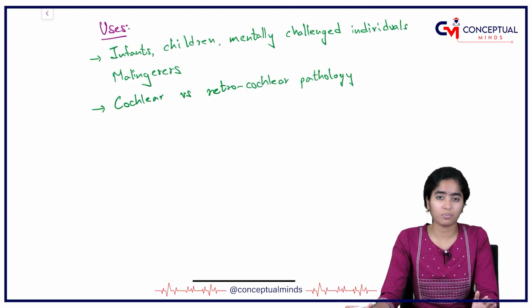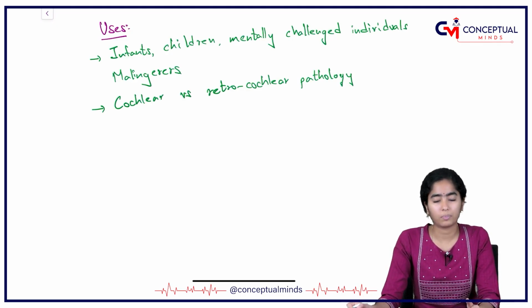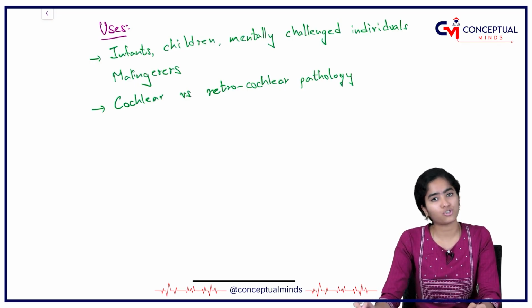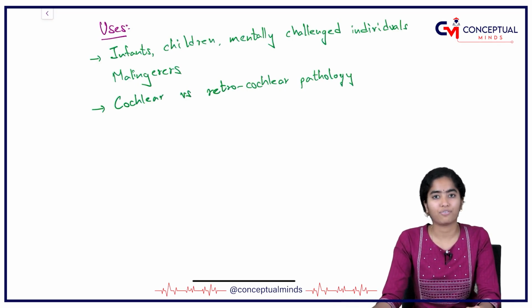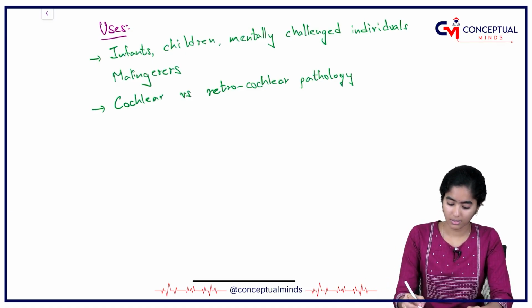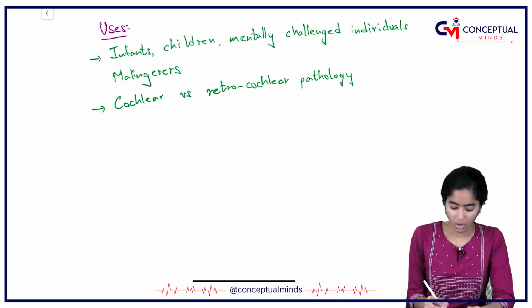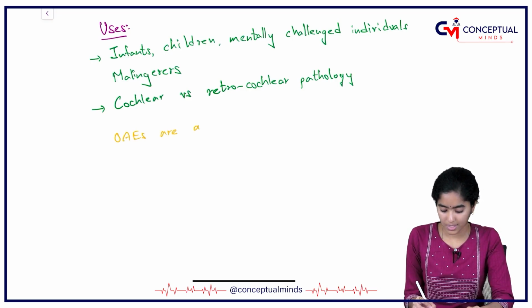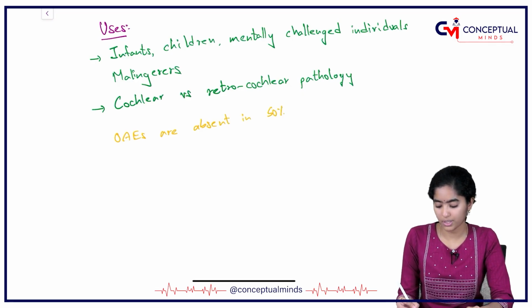Any of these is possible if otoacoustic emissions are absent. But if otoacoustic emissions are present, it's a sure shot sign that cochlea is functioning normally. So please remember that OAEs are absent in 50% of normal individuals also.